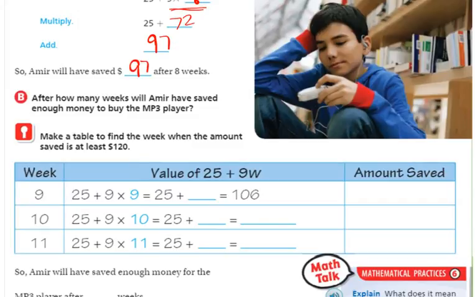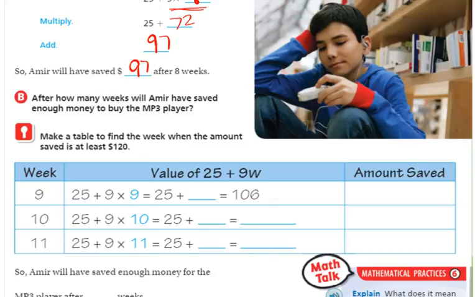Part B. After how many weeks will Amir have saved enough money to buy the MP3 player? So now we want to know how many weeks he has to save to end up with a total of $120 or more than $120 in order to be able to purchase the MP3 player. So make a table to find the week when the amount saved is at least $120.